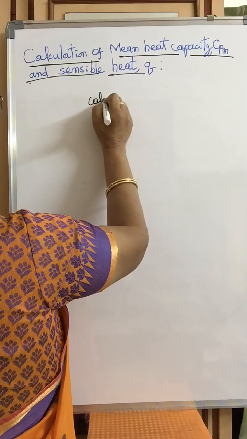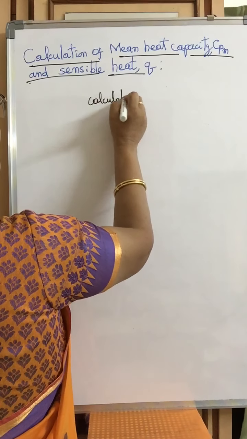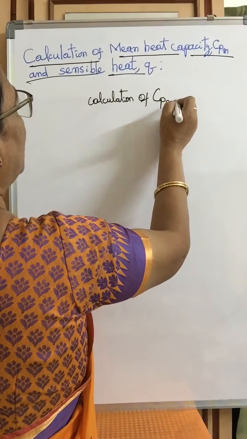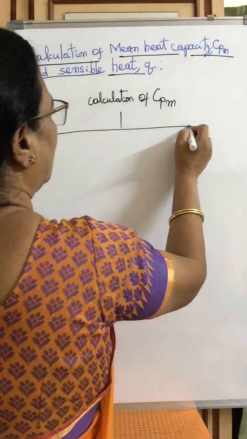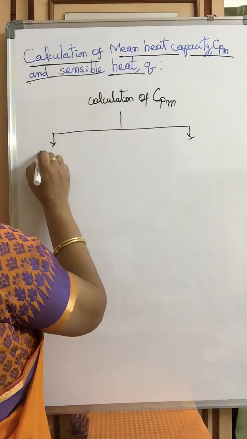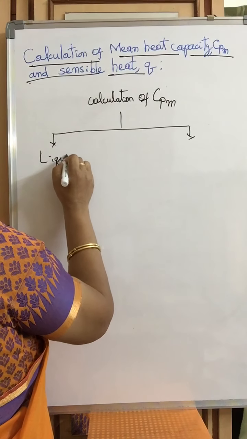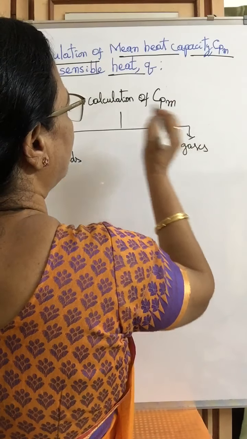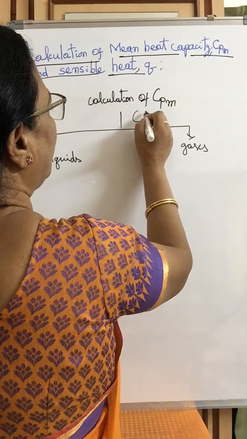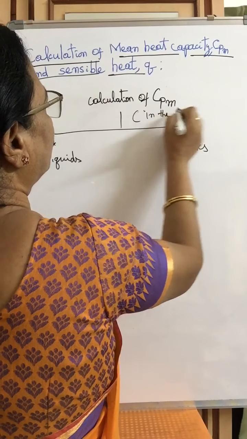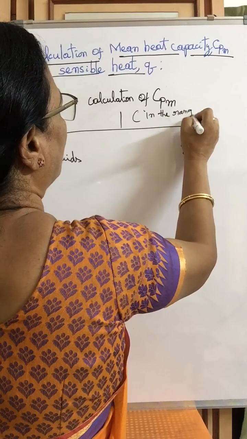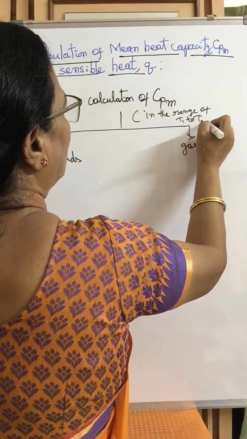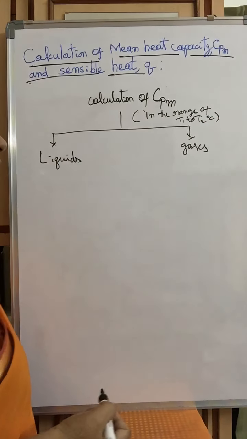Calculation of Cpm, that is mean heat capacity, we will see for liquids and for gases, in the range of T1 to T2 degrees centigrade.